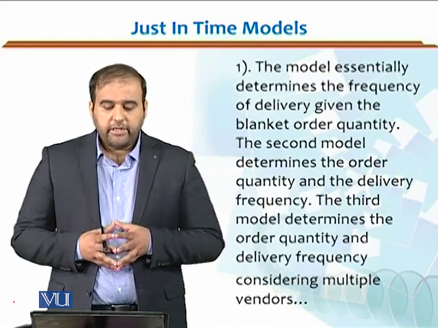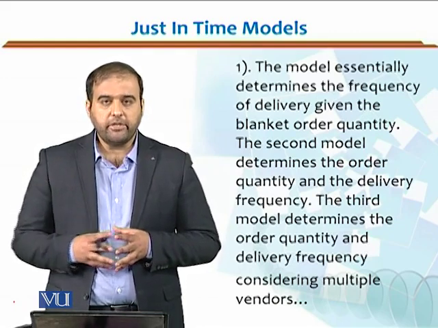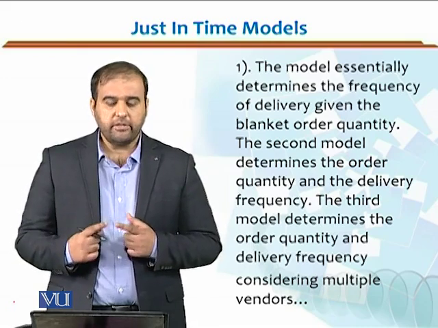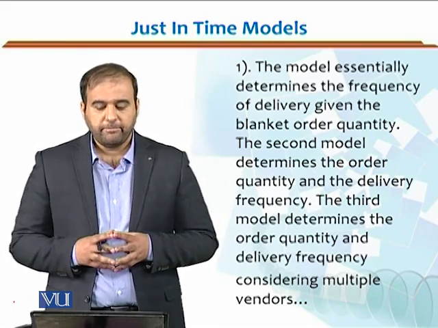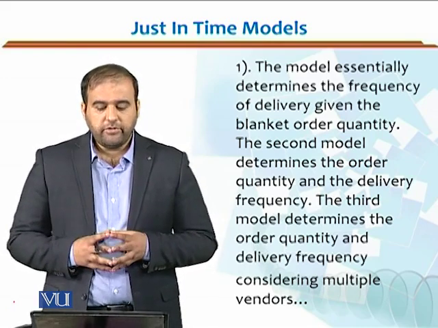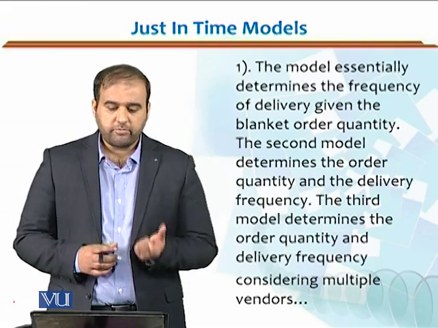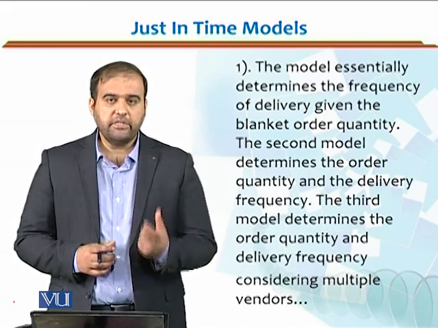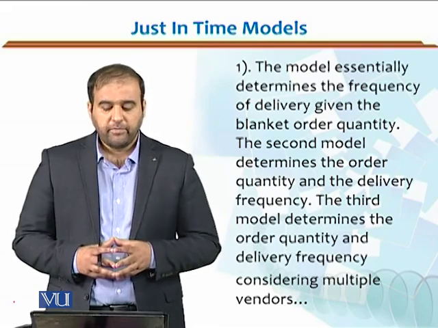This model essentially determines the frequency of delivery given the blanket order quantity. Frequency of delivery: when you need that order, can I determine it beforehand? That is the case here. The second model would determine the order quantity and the delivery frequency. So the first model is more about calculating the order frequency, what the frequency should be for the delivery of the small amounts.